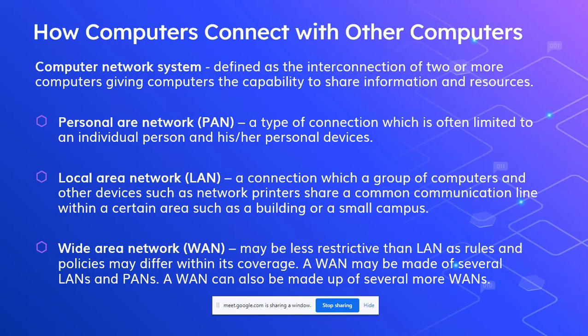So an example of this is our internet mismo. We can classify the internet as a wide area network. So this may be a combination of LANs and WANs also.